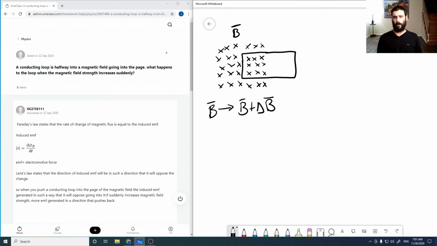So that's the key thing to remember. So it's going to generate a current in the wire. To figure out the direction of the current, we're going to use our right-hand rule.